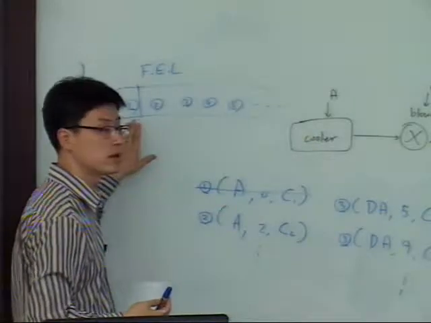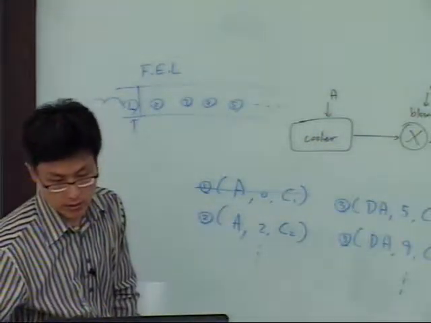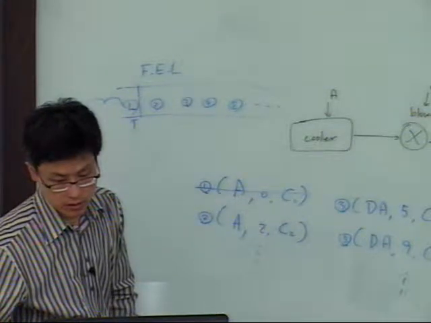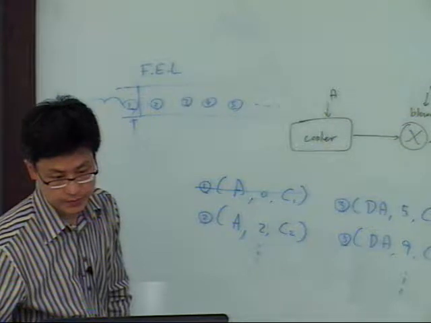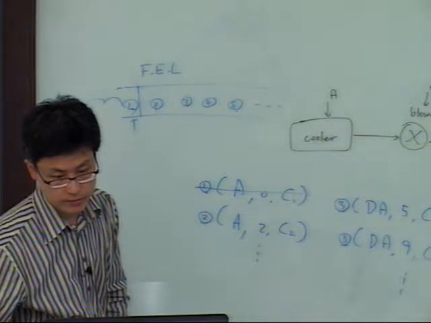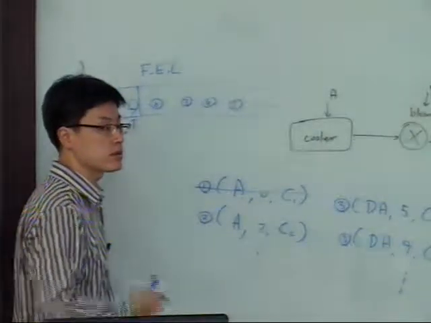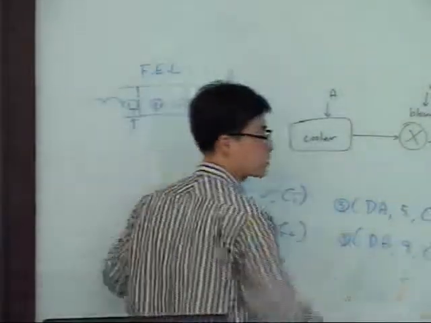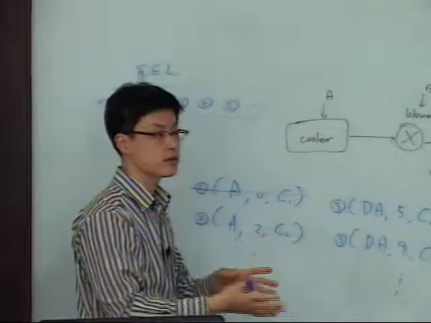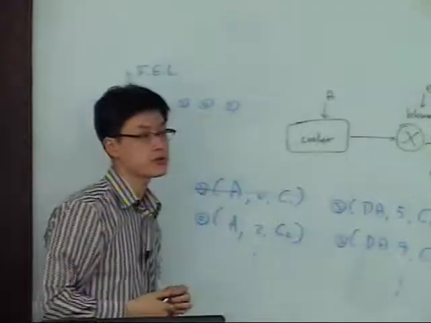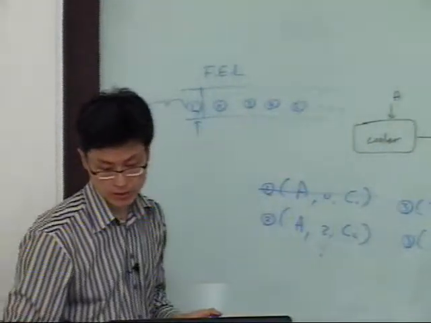Okay, and do you remember the flow chart? We've talked about this. Whenever an event happens, the system automatically searches: are there any related future event notices? And if there is, it puts that future event notice into the future event list automatically.